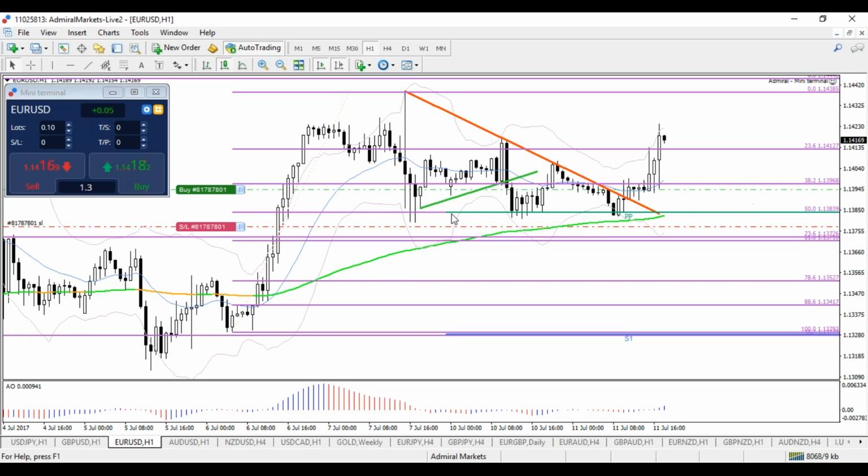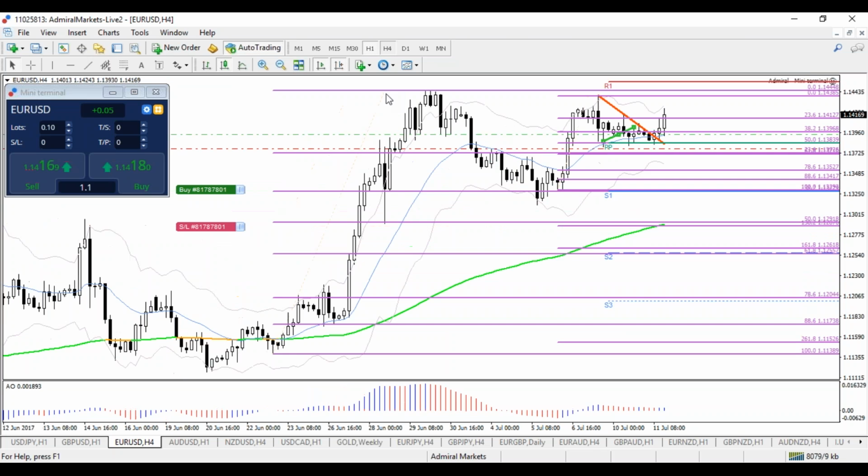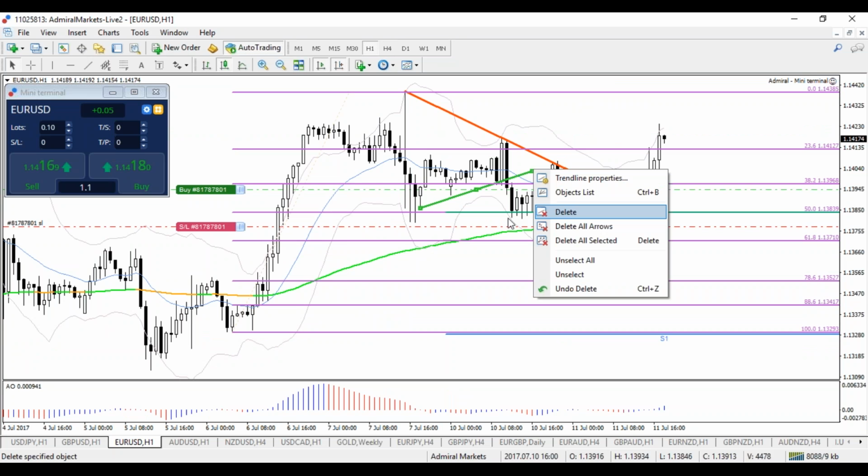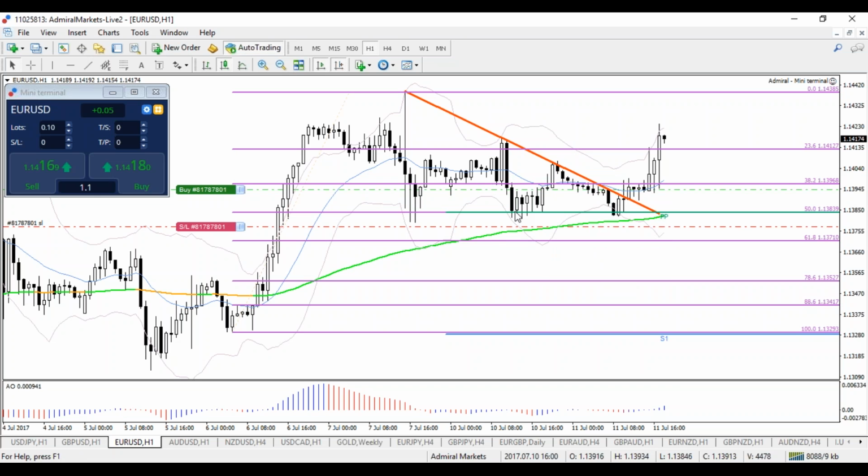Let me get rid of this fib. There we go. It didn't get there because we just had a triple bottom at that important support level. But that was okay. Hopefully you managed to enter the bounce, just like I did. There are a couple of ways one could do that.